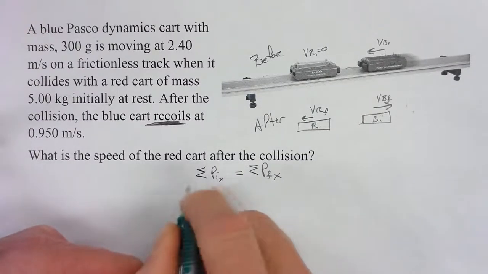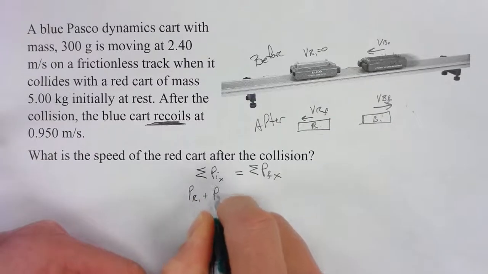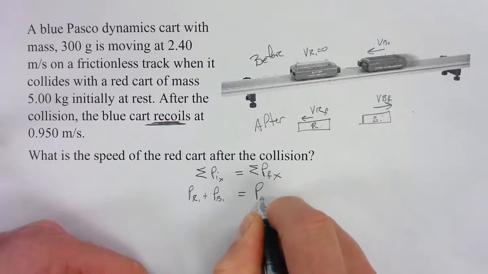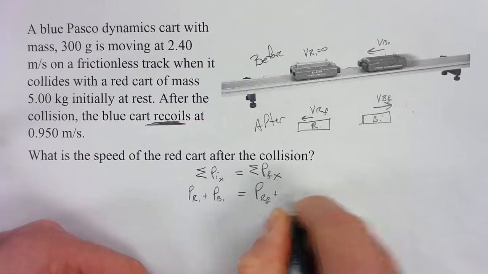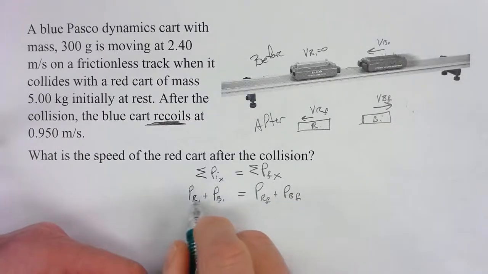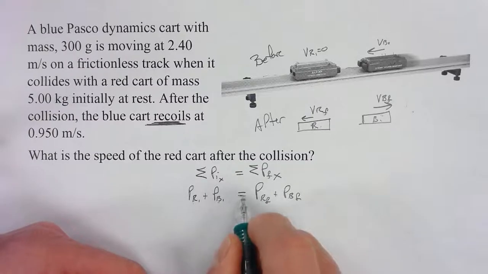So before, we've got the momentum of the red one initial, and we've got the momentum of the blue one initial. That's going to equal the momentum of the red finally plus the momentum of the blue finally. There's two separate objects before, and after they hit each other, there's still two separate objects.